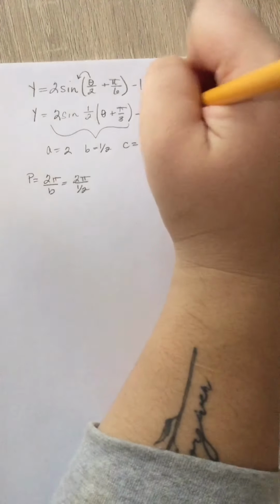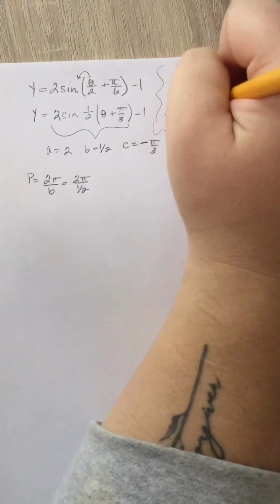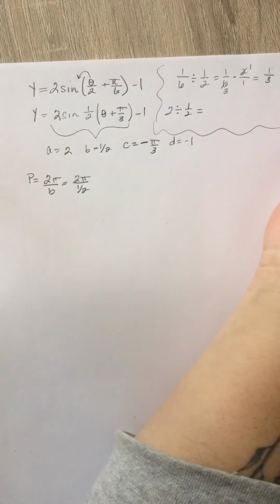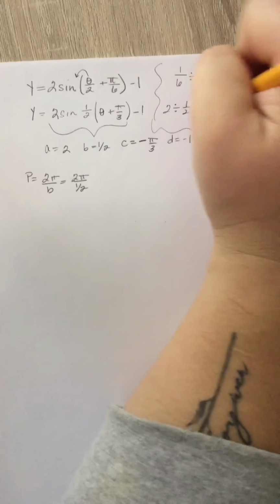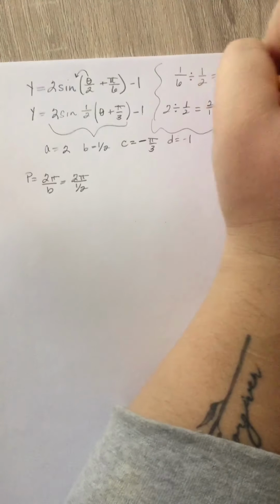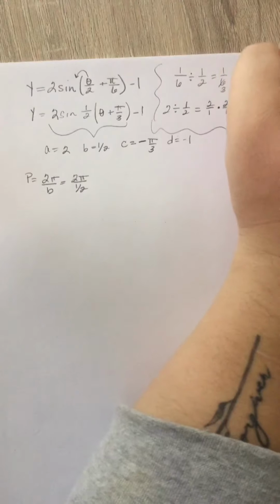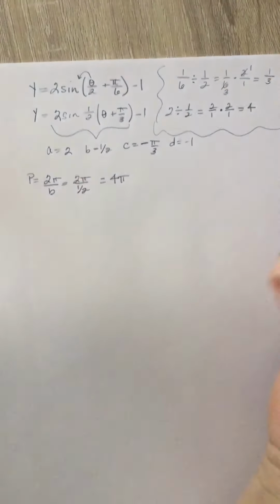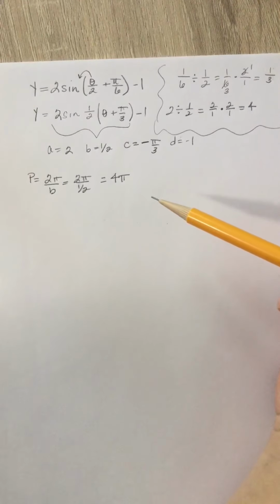We have 2 divided by 1/2. When you divide fractions, you do keep, change, flip. So 2 over 1 times 2 over 1, which now becomes 4. So your period is actually 4 pi. This is the length of your cycle.